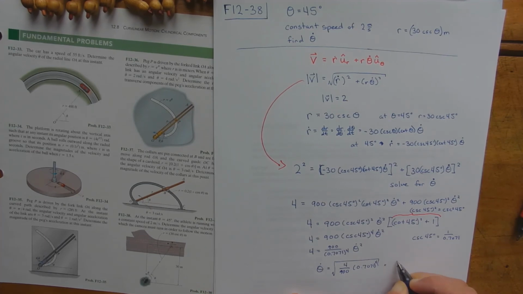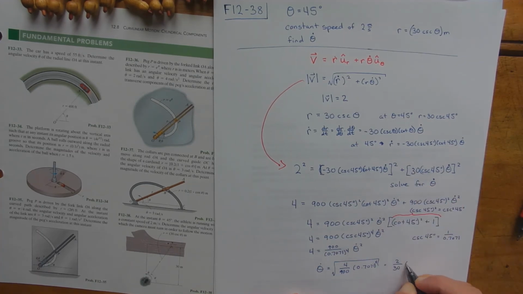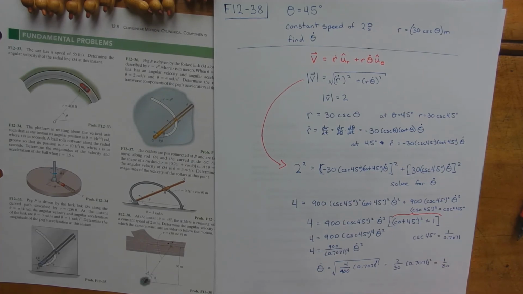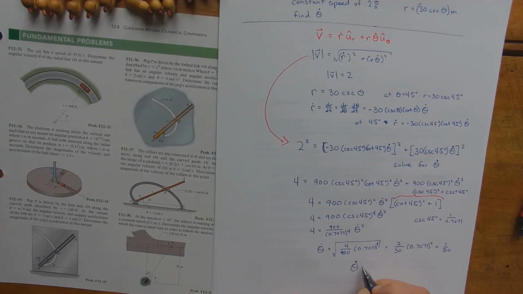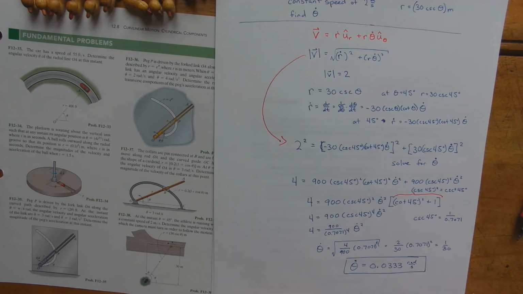The square root of 4 is 2. The square root of 900, that came from 30 squared, so that's 30. And this becomes 0.7071 squared. And 0.7071 squared would be 1/2, so this is just 1 over 30. So finally we have theta dot is approximately equal to 0.0333, and the units would be radians per second, and this is the angular velocity for the camera.